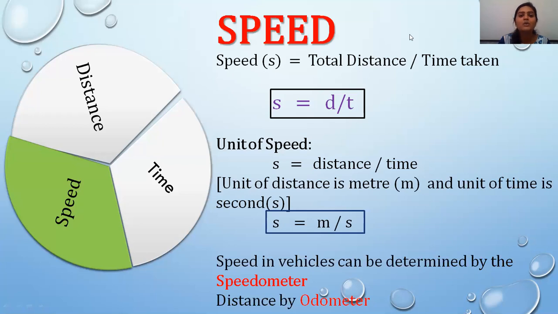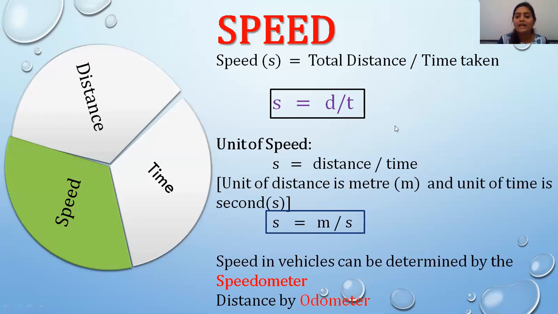The speedometer helps us in checking the speed of the vehicle. Whereas the odometer, the other instrument installed in the vehicle, helps us in finding out the distance that is being covered by the vehicle in which we are traveling. So these are the two different instruments present in vehicles.